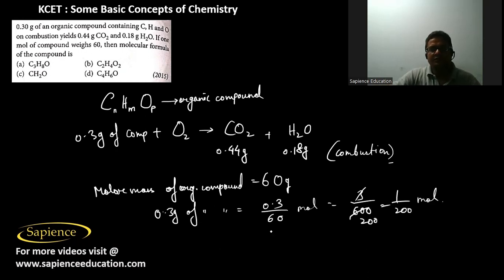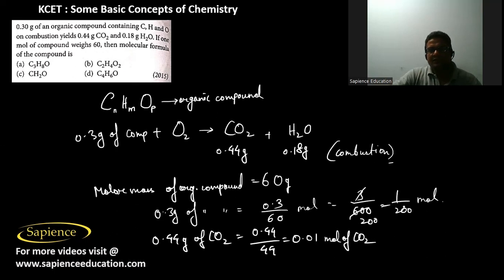So now 1 by 200 mole of that compound, now 0.44 gram of CO2. We know that molar mass of CO2 is 44. So it will be 0.44 divided by 44, which is 0.01 mole of CO2. And 1 by 200 means that it is 0.005 mole.